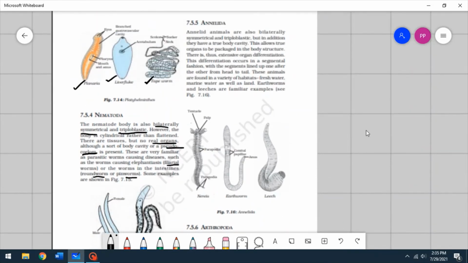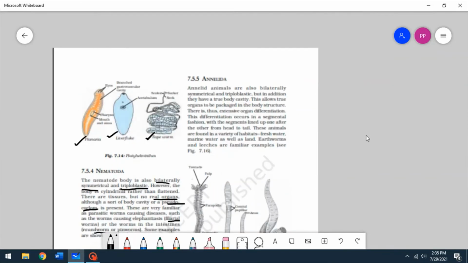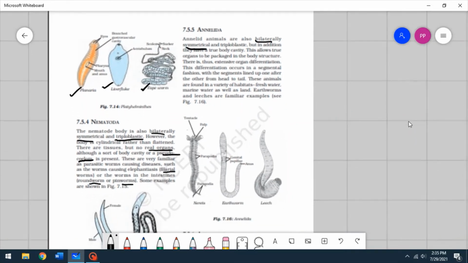Those are nematodes. And then we have the fifth phylum, Annelida. They're also bilaterally symmetrical. That means the left and right side of their bodies have the same design, and they're also triploblastic. That means they have three layers of cells. But in addition to that, they have a true body cavity. So from Annelida onwards, we have a true body cavity or a true coelom, alright?